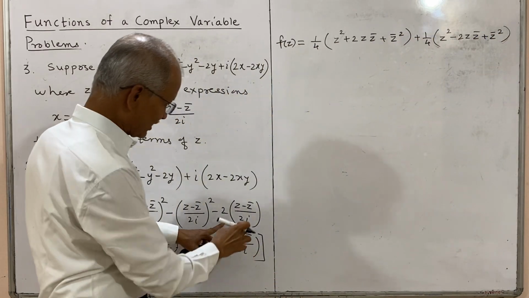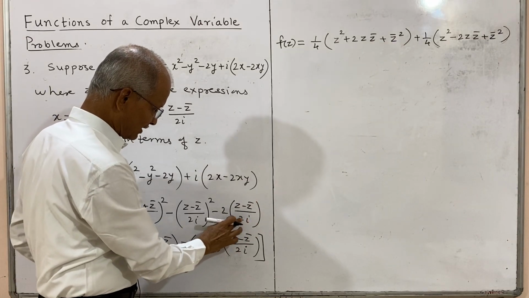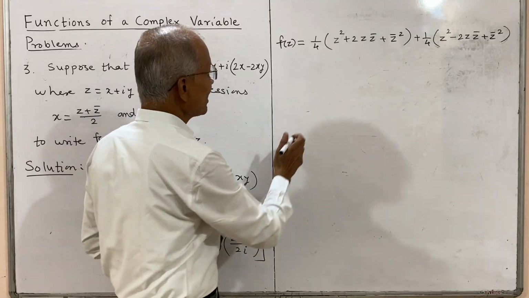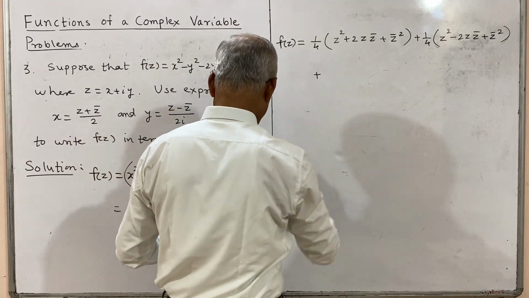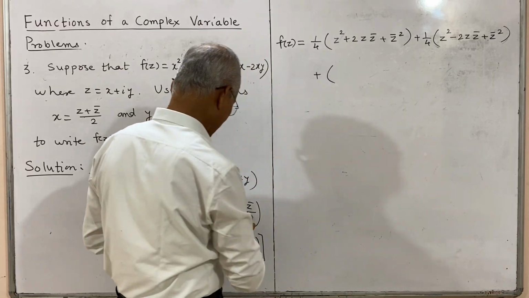And here we should multiply the numerator and denominator by i. 2 cancels and this becomes i square at denominator, and that becomes plus, and at numerator we should multiply by i.